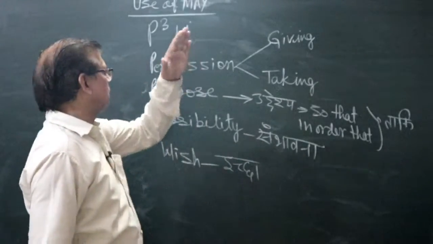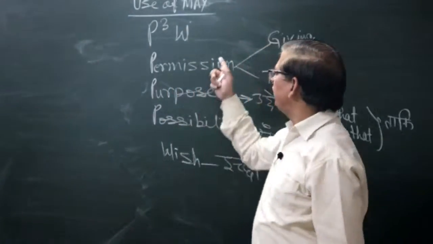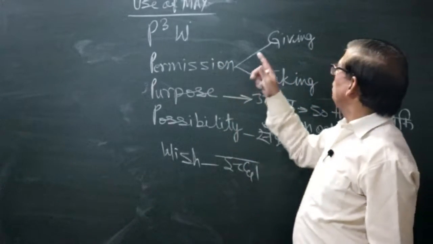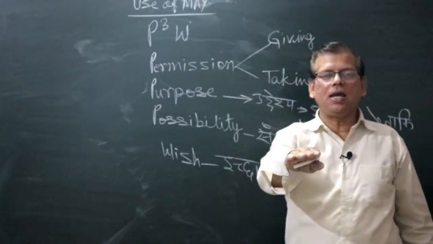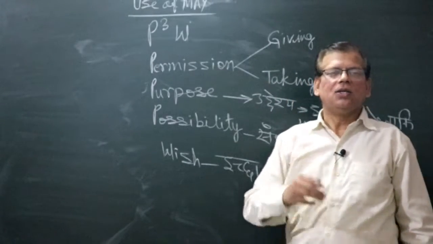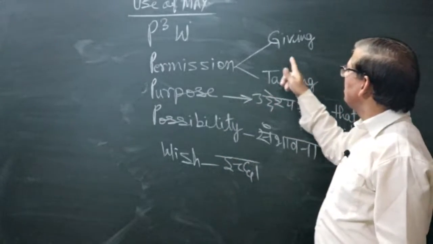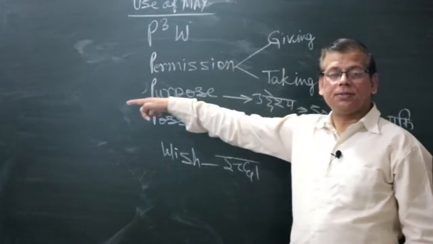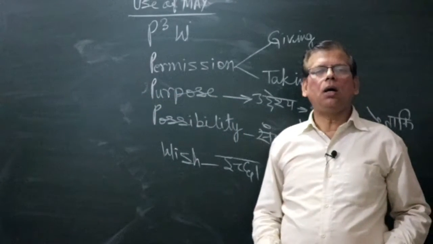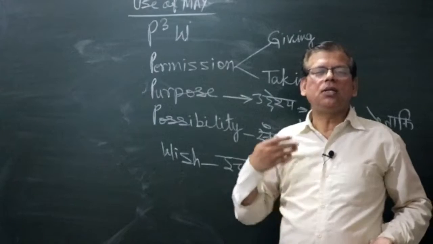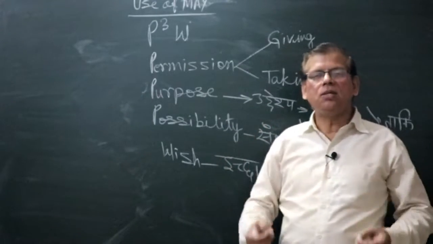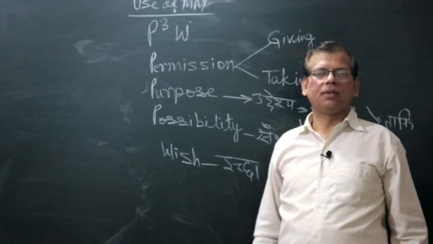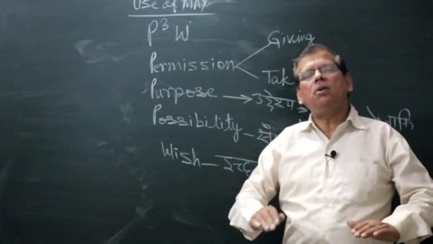Now permission. Use of may. First of all, permission. May I come in, sir? You are seeking permission. Teacher: yes, you may come in. Giving permission, taking permission, may is used. It is not having the right. In the formal way, permission is granted, sought and taken. अनुमति ली जाती है, अनुमति दी जाती है.